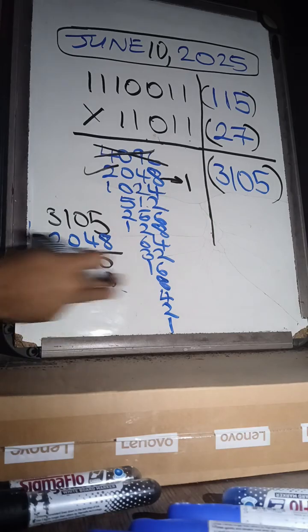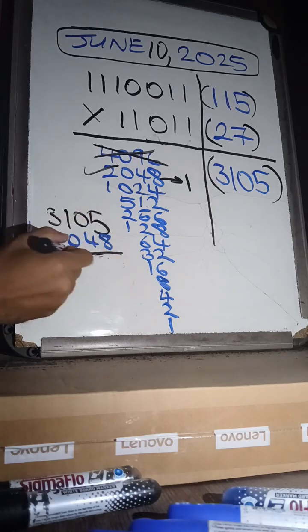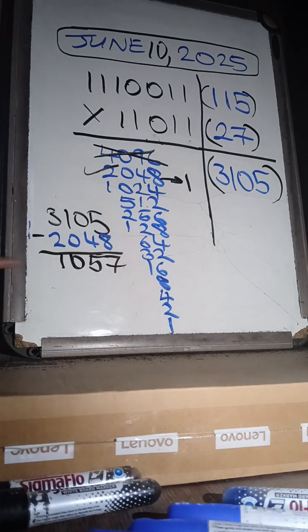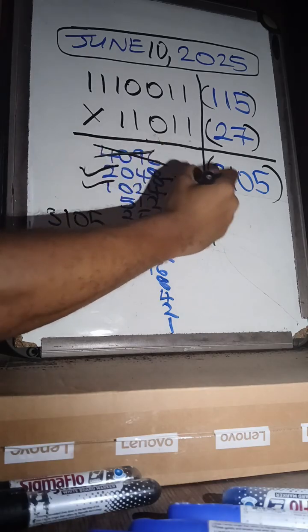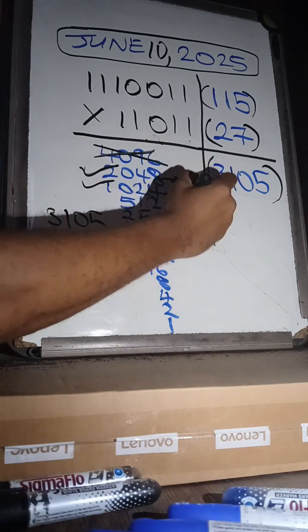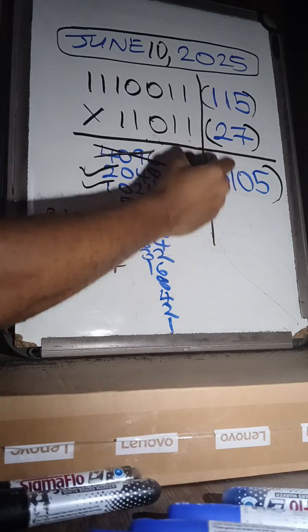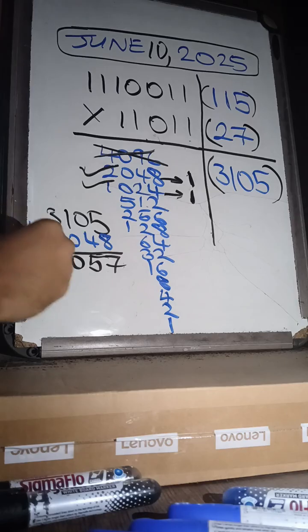It's good that we got the 1057, because the next number we're going to use is going to be 1024. Let's make sure of that. Yeah. So we subtracted 1024. Now we're going to go to the next.